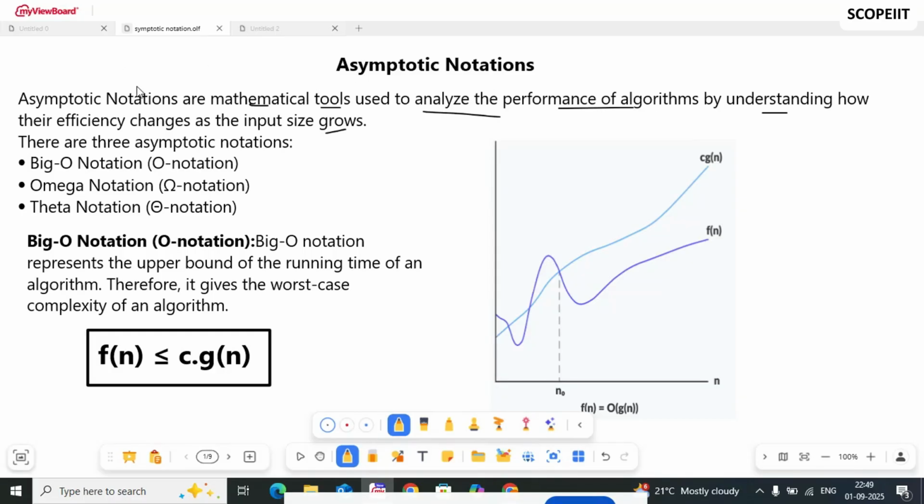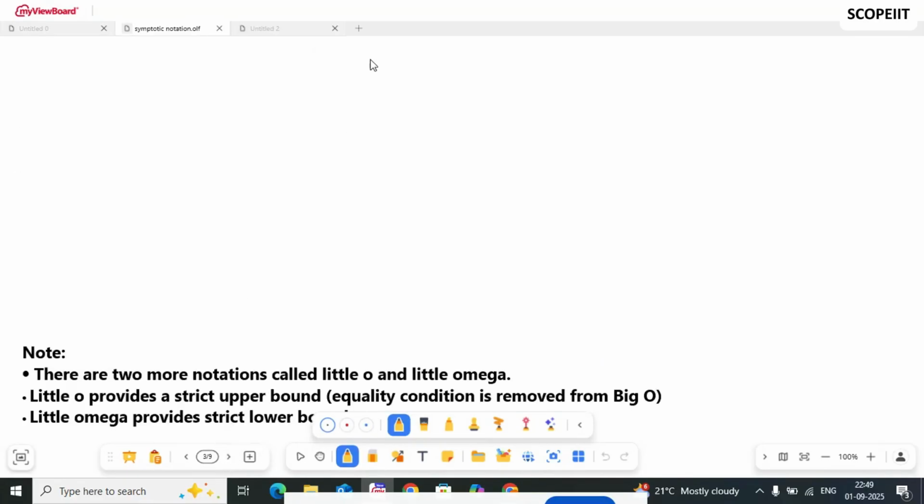Now, there are three main types of asymptotic notation we have. One is big O notation, omega notation, and theta notation. First I'll explain this in my words, then I'll explain the proper definitions. So basically, there are three different types of asymptotic notation.